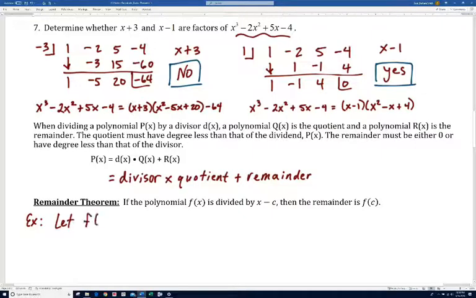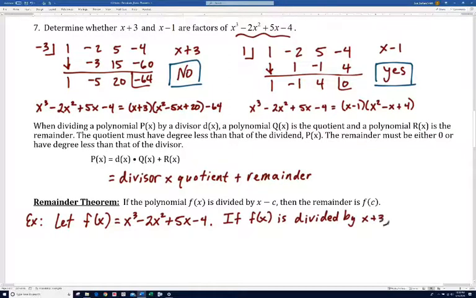So for example, if we let f of x equal x cubed minus 2x squared plus 5x minus 4, notice that's our polynomial in number 7. And if f of x is divided by x plus 3, which is what we did first up on problem number 7, so in this problem here, f of x is x cubed minus 2x squared plus 5x minus 4, and we're dividing by x plus 3.